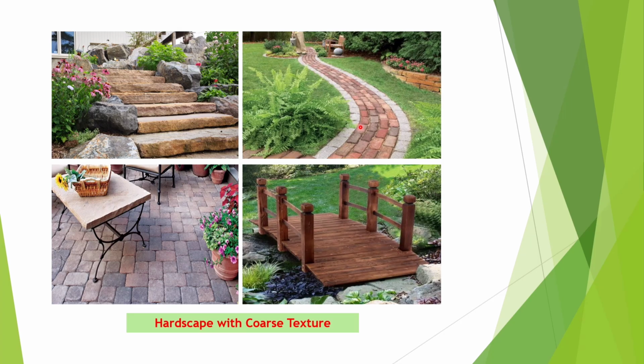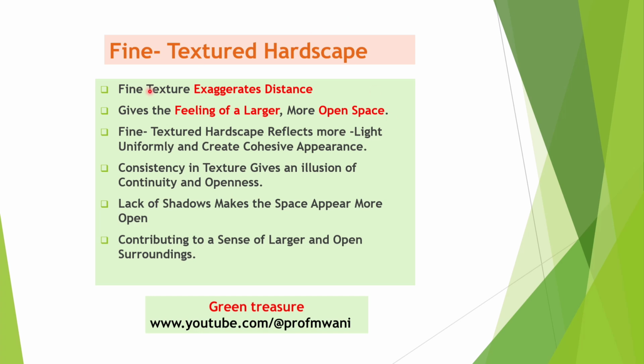Similarly, if you use a hardscape as a fine textured one, it exaggerates the distance. It gives the feeling of a larger, more open space. Fine textured hardscape reflects more light uniformly and creates a cohesive appearance.